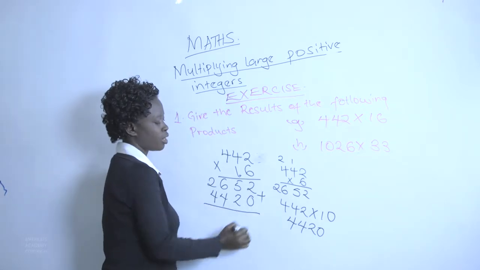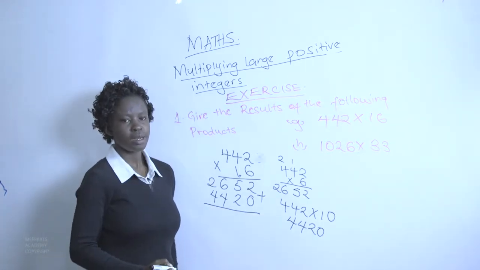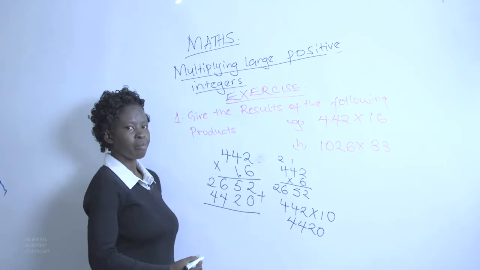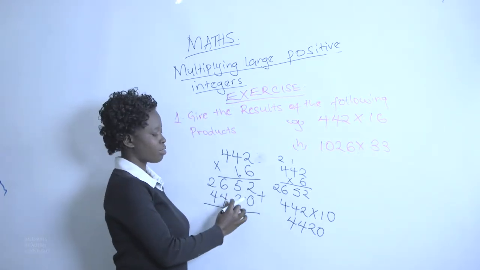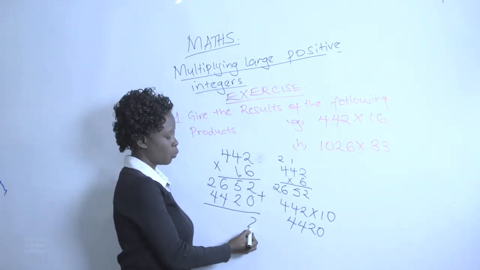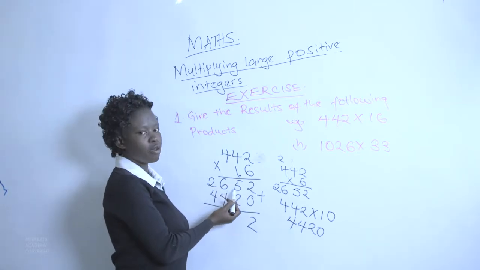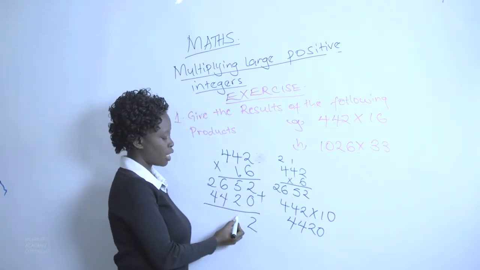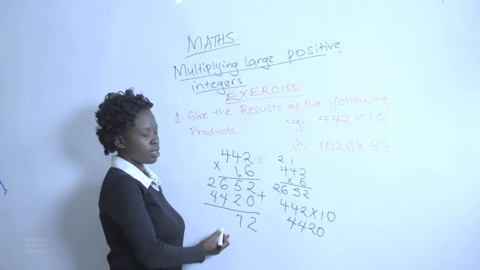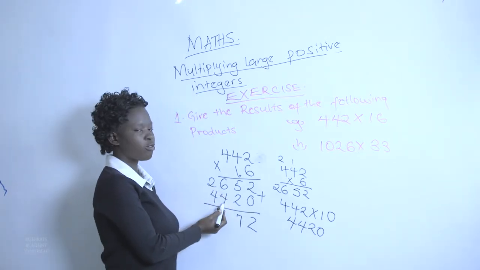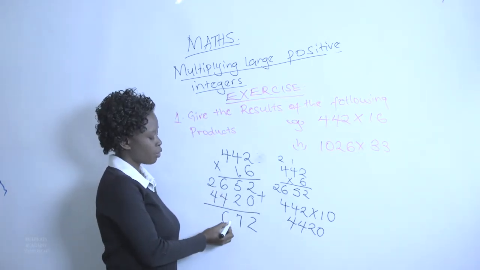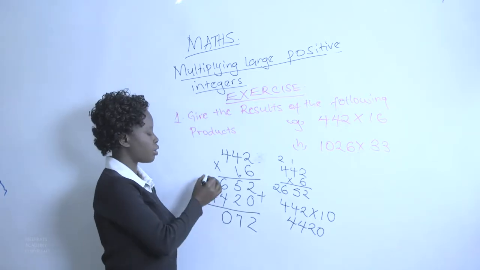Then after that, we add our digits. So in adding, we have 2 plus 0 is simply 2. 5 plus 2, we get 7. 6 plus 4 gives us 10. We write 0 and carry 1.